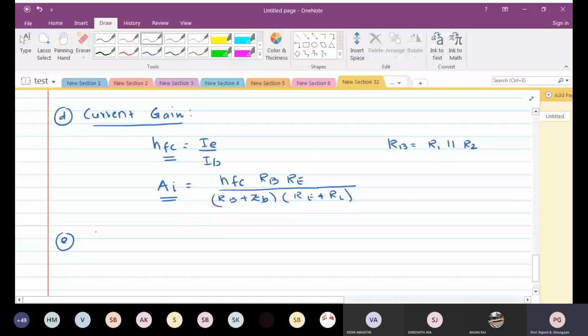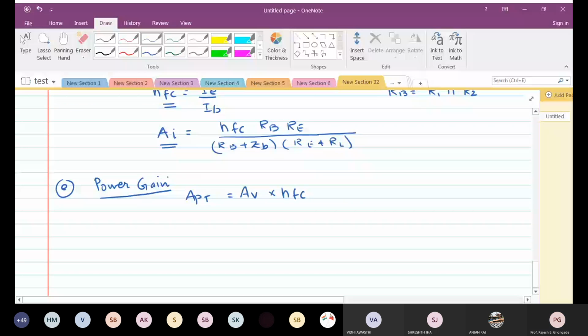The last thing that we will do is the power gain. So this is the transistor power gain, which is AV into hFC, voltage into current gains. But AV is nearly equal to 1. So therefore, the device power gain happens to be only hFC.